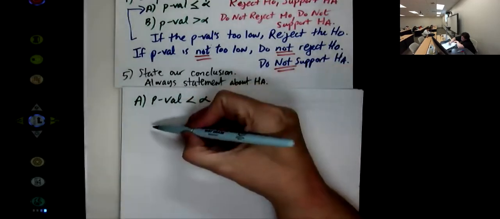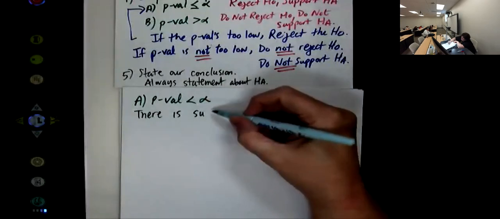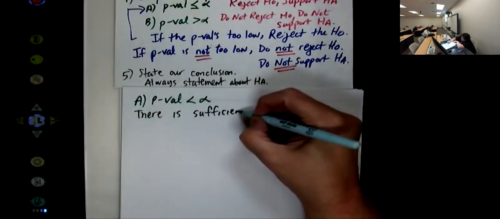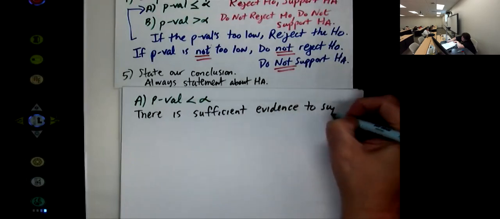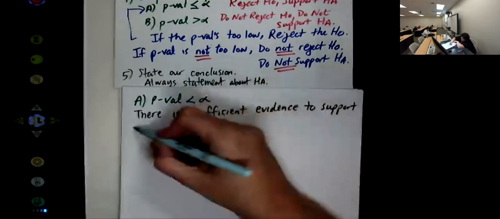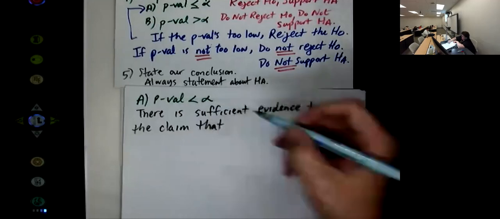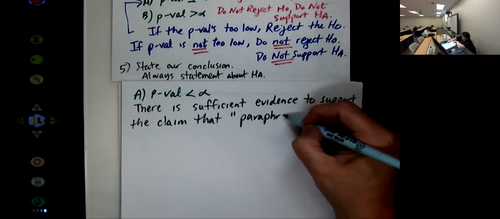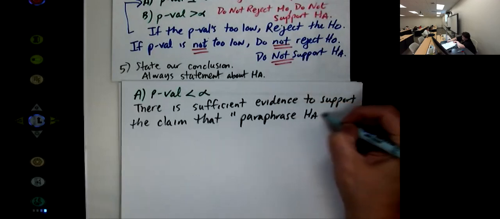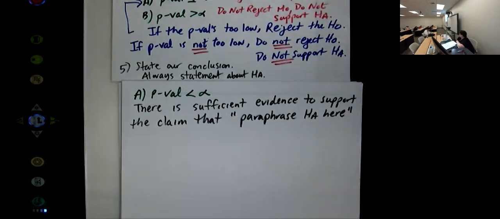Support means there is sufficient evidence to support the claim, and then basically paraphrase HA here. Like in words, whatever words you translate, and oftentimes you can copy and paste directly from the question.